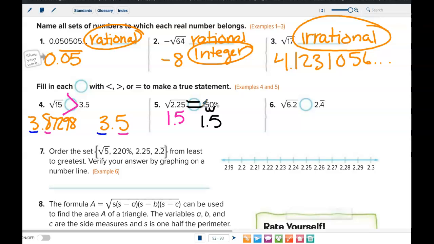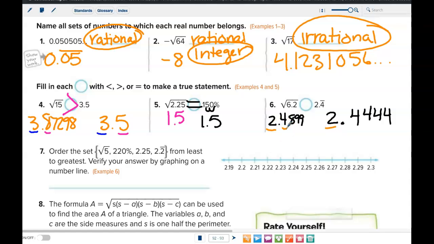And number 6, if we typed in the square root of 6 2/10, we get 2.4899979, and it keeps going. And then we are comparing that to 2.4 repeating itself. So if we look at our ones place, they're the same.